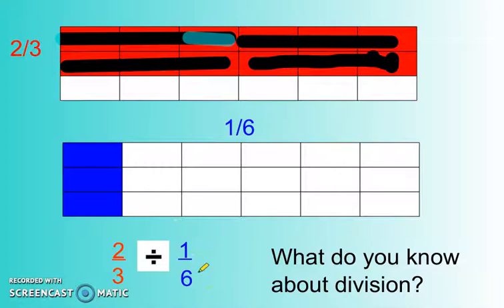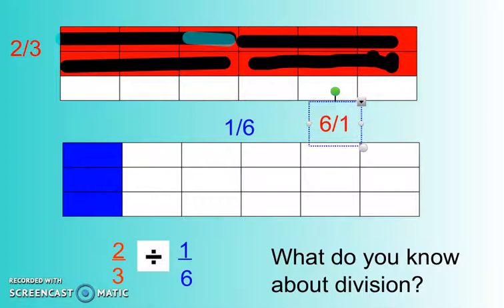And a lot of it has to do with what we learned about reciprocals and multiplicative inverses. Remember in the last video we talked about multiplicative inverse as being a switch. Basically, the multiplicative inverse of 1/6 would be 6 firsts.